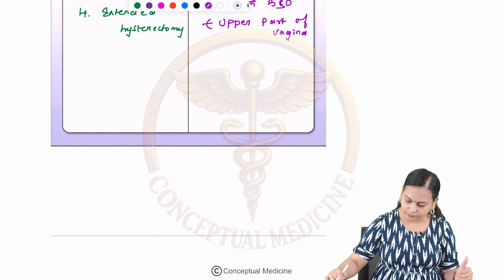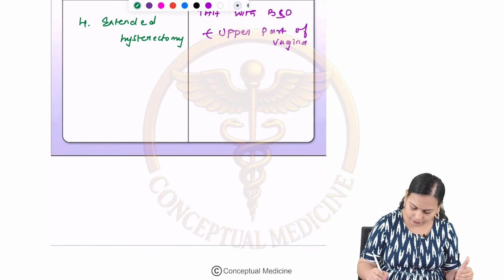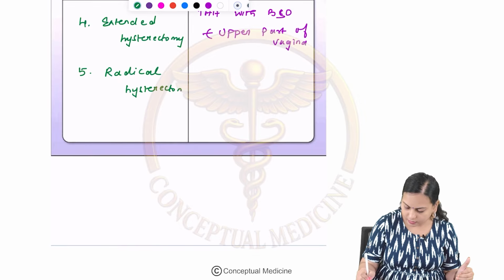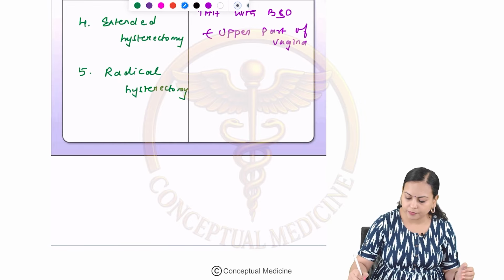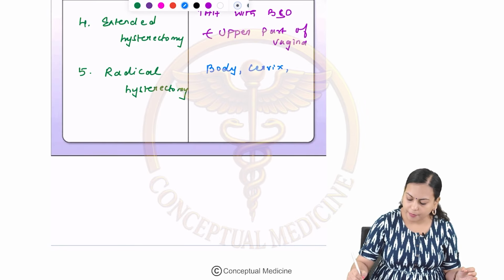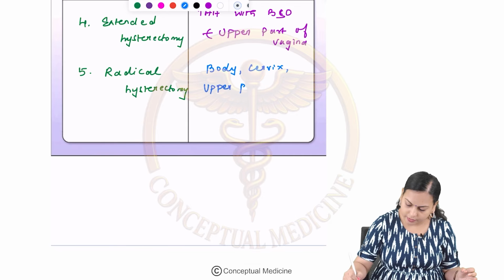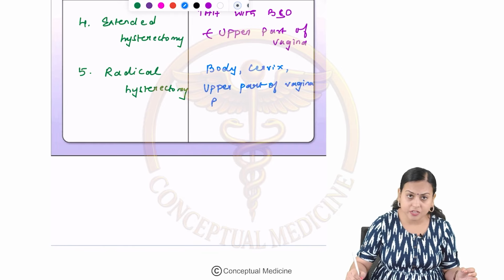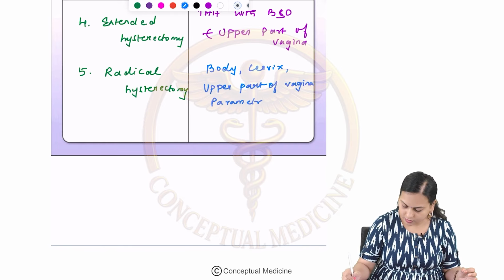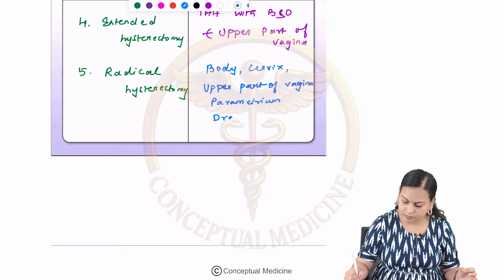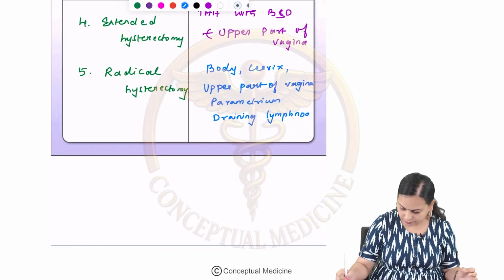Then we also have radical hysterectomy, where we will be removing the body, cervix, upper part of vagina, then parametrium, draining lymph nodes, like that.